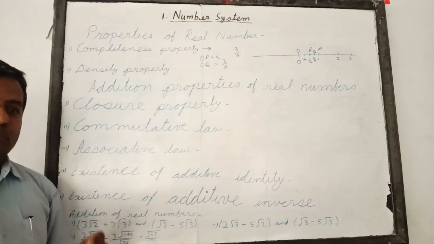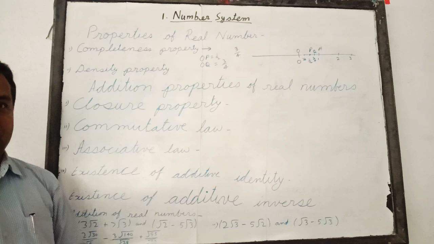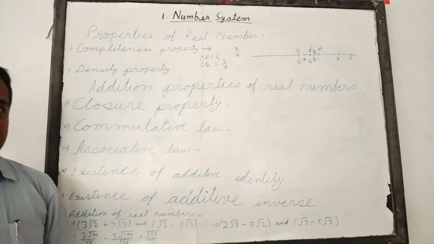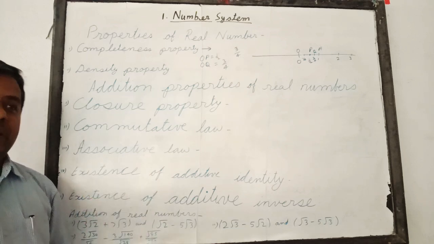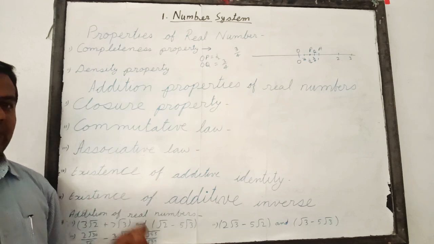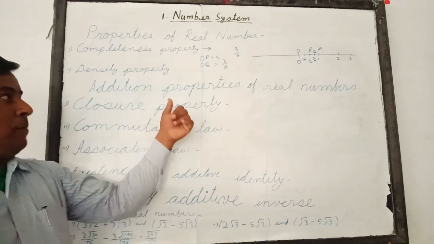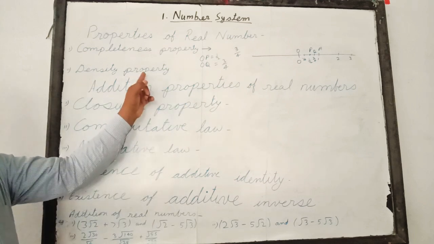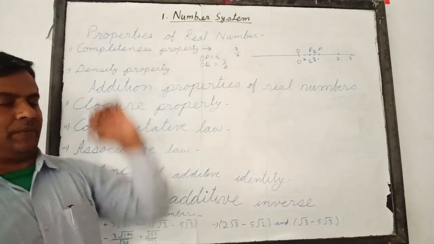Similarly, you can do the same for irrational numbers. If you get two irrational numbers, you can also get many irrational numbers between them. That property is called the density property of real numbers.